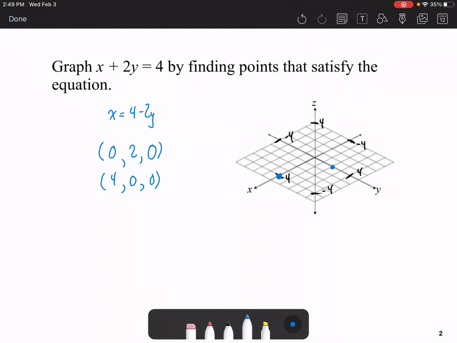So I'm going to start out by drawing that line. Because my z values can be anything I want, I can have 0, 2, and 5, let's say, or 4, 0, and -3, this would go up and down from this line that we see here.